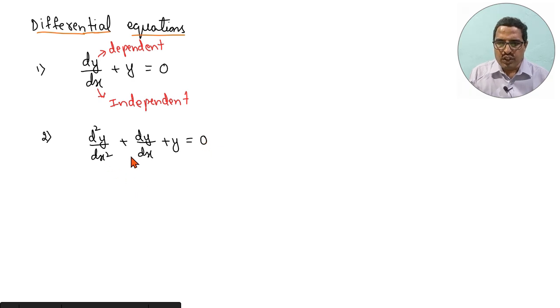This equation is also a differential equation because you can find this y, the dependent variable, is being differentiated with respect to an independent variable twice. Here y is a dependent variable which is being differentiated with respect to x once.